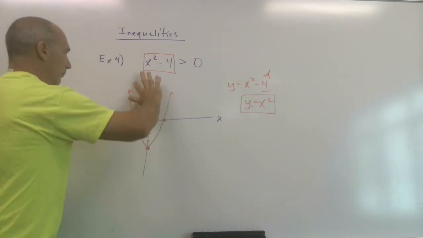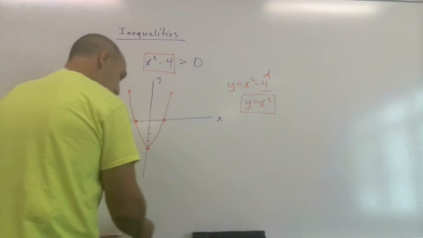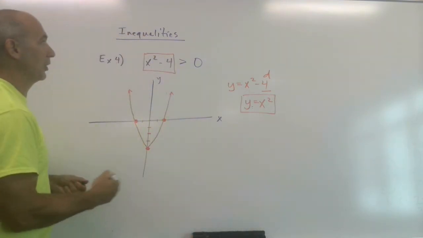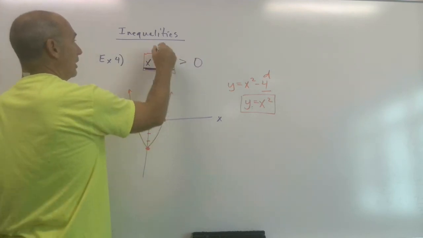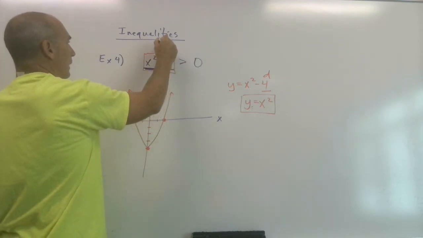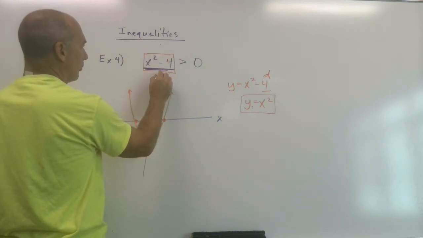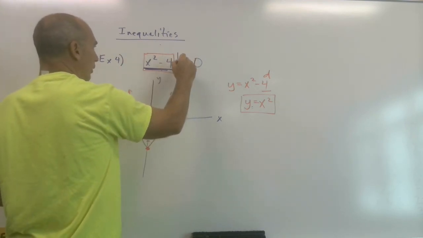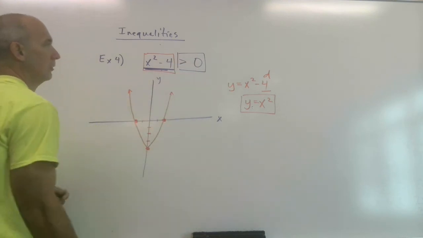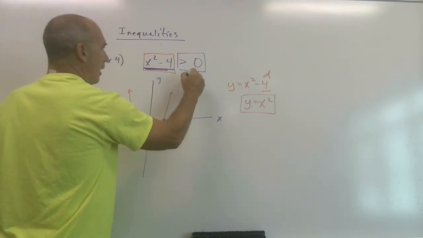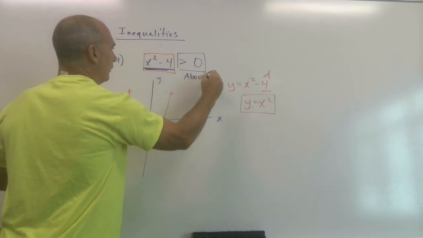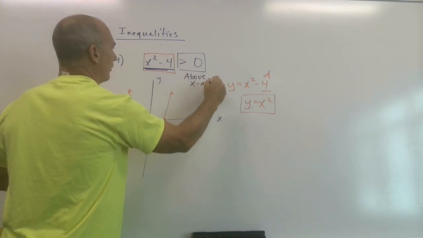Let me get rid of this one. That's just going to cloud our thinking. And now I want you to think about this. Where is this graph? We're talking about x, but where is this graph greater than 0? Well, what that means is, where is that above the x-axis?